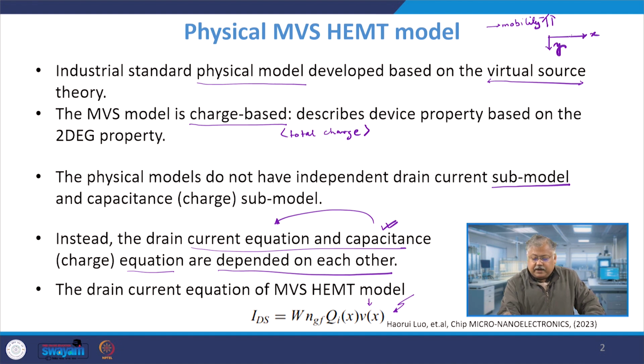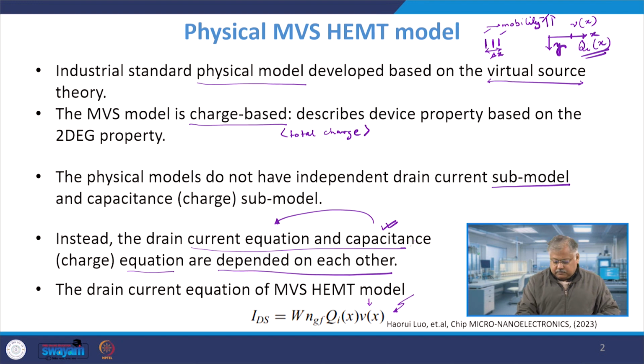I try to find the velocity at any point x within the channel, and multiply that with the inversion charge per unit area for that particular point x. So if this is x, I take a small delta x between this point and this point and try to find the charge. I refer to it as QI, which is the inversion charge per unit area. Multiply that by the width of the material or the HEMT, and then multiply with NGF, a constant, right?